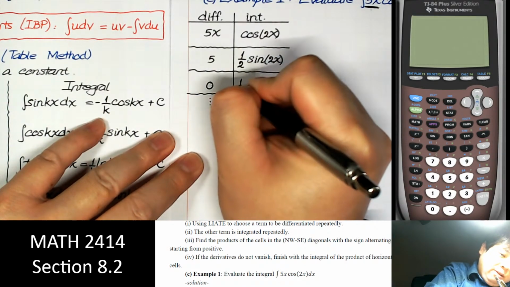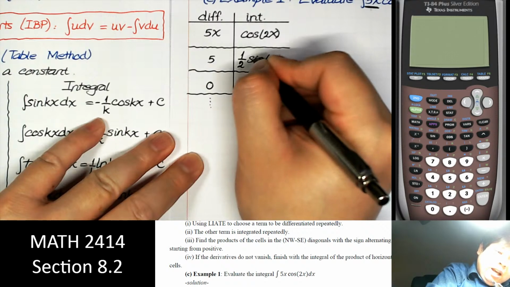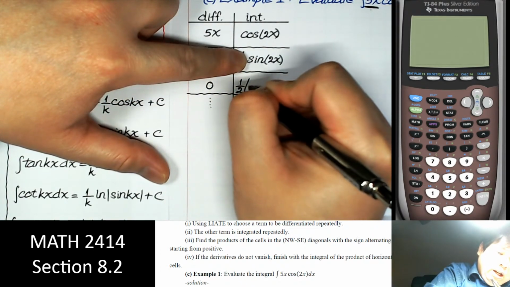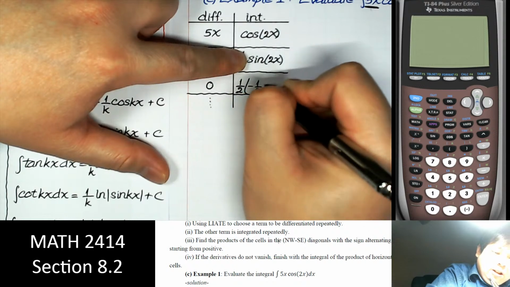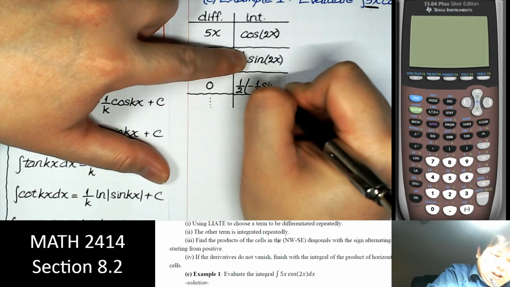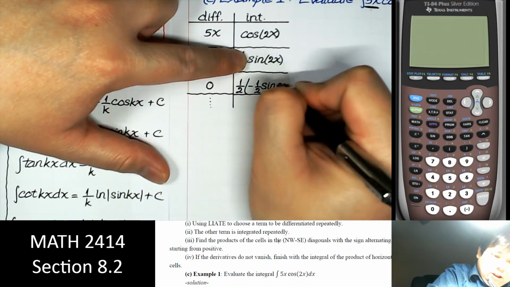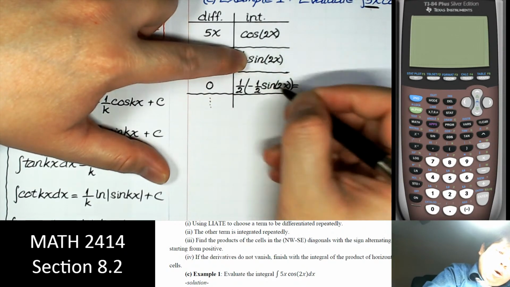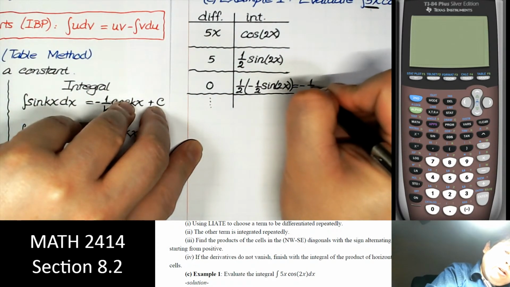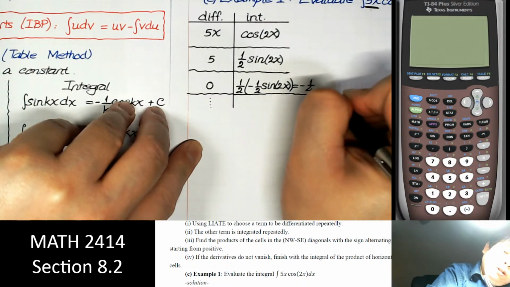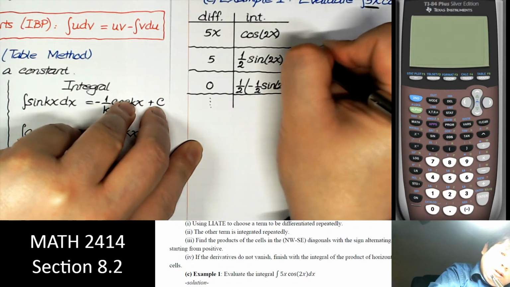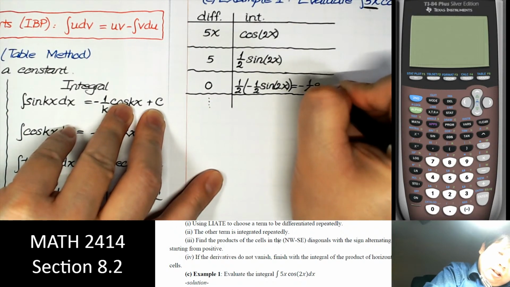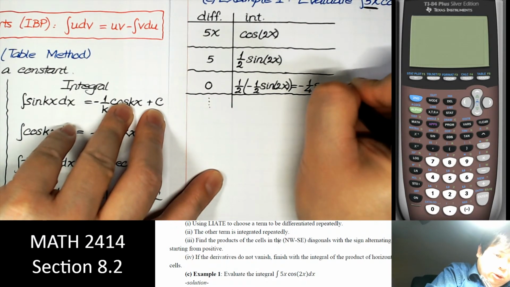So we have 1/2, the constant there, and the integral of sine will be negative 1/2 sine of 2x. Which is negative 1/4 sine of 2x.